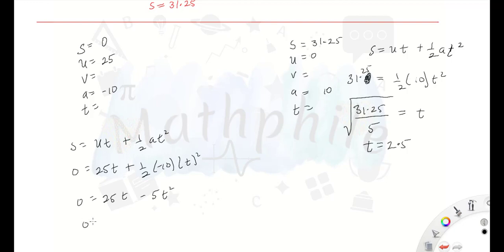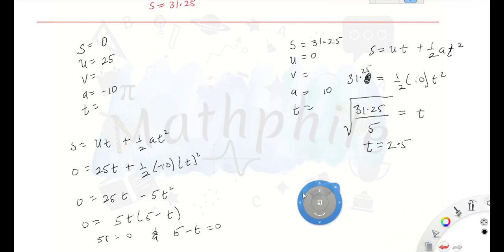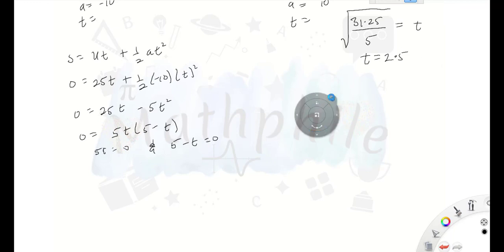You can factor out 5t. So 5t times (5 minus t) is equal to 0. So 5t is equal to 0, and also 5 minus t is equal to 0. So t is equal to 0 and t is equal to 5.